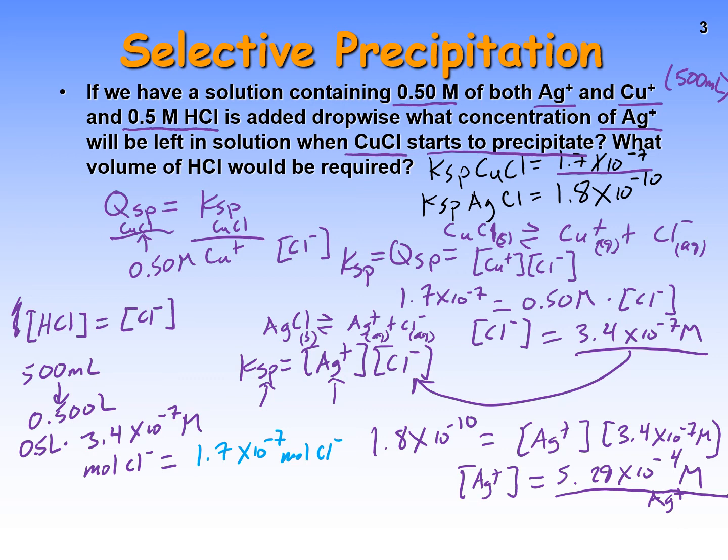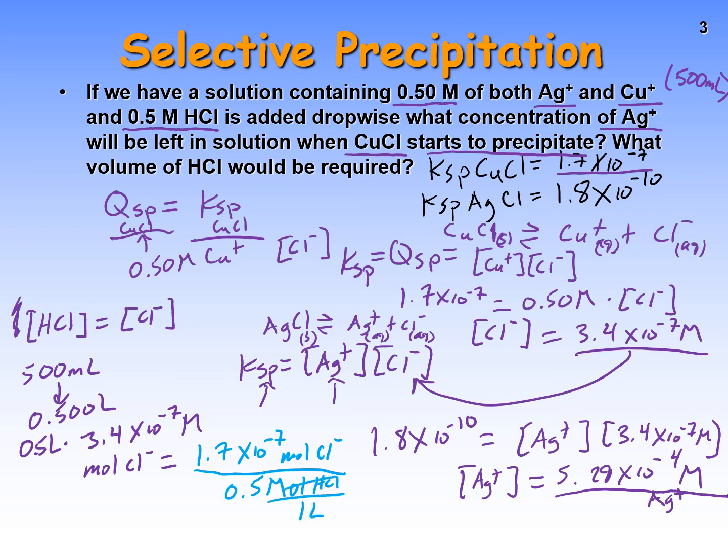I can now take my molarity of HCl that we were given, 0.5 molar, and get how many liters of HCl I would have needed to add to get this number of moles present in the system. So if we divide this, this is moles of HCl, and HCl and Cl- are 1-to-1.